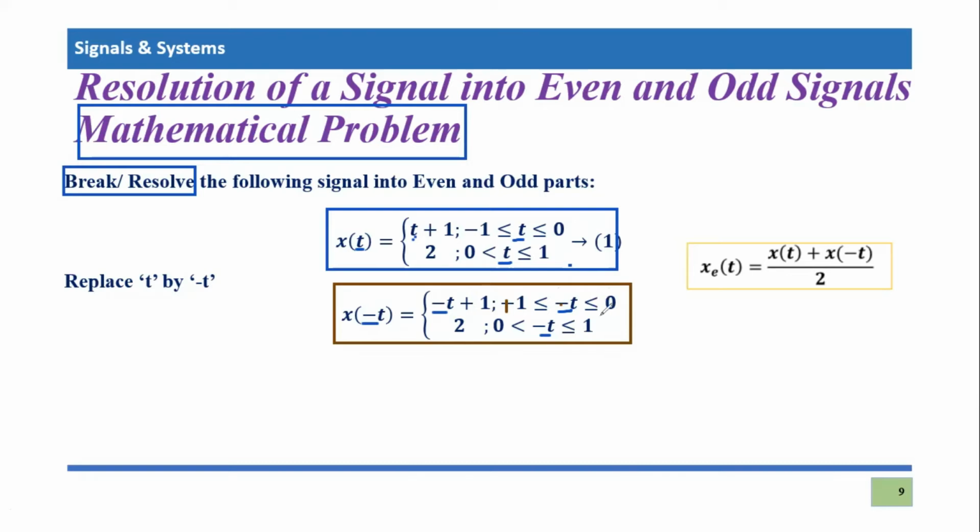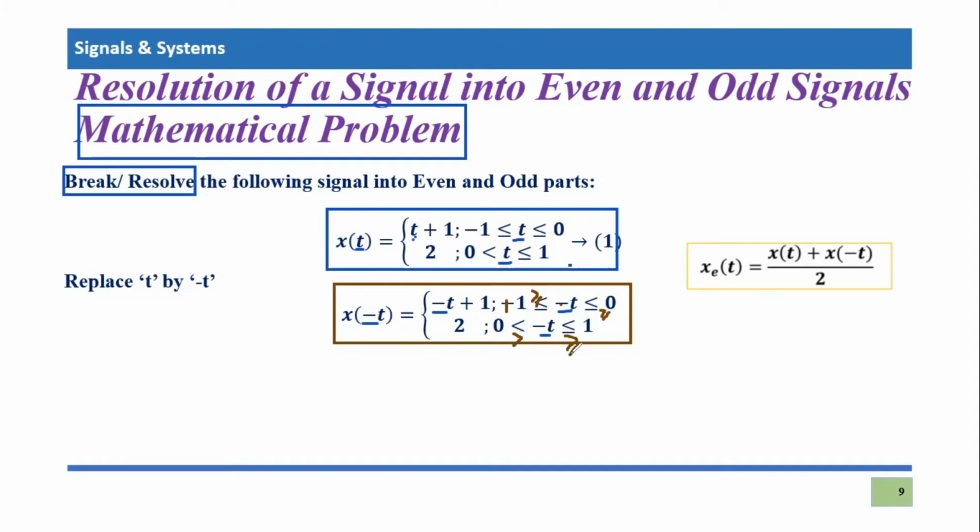So this less than or equal to sign will become greater than or equal to, and similarly greater than or equal to will become less than or equal to. Similarly, this will happen here also. This minus will get multiplied over here, this less than sign will become greater than, and this less than or equal to will become greater than or equal to.